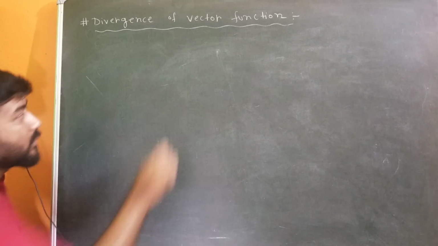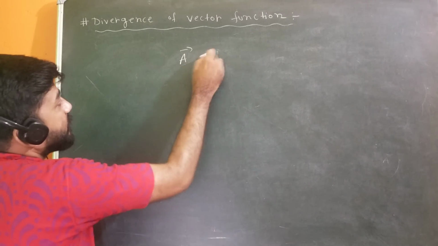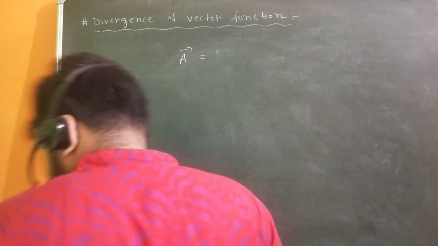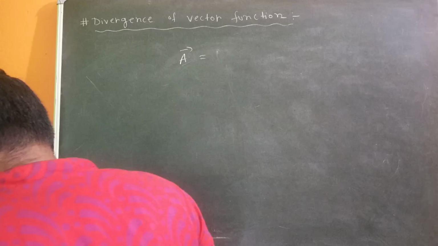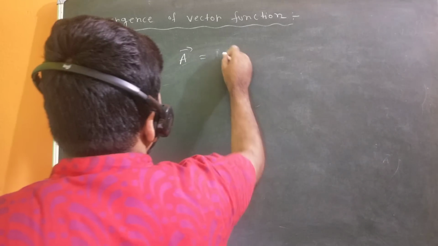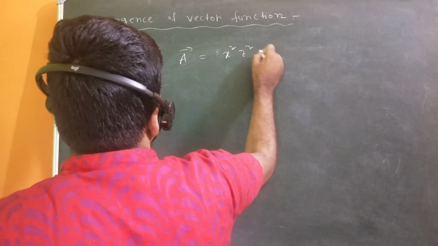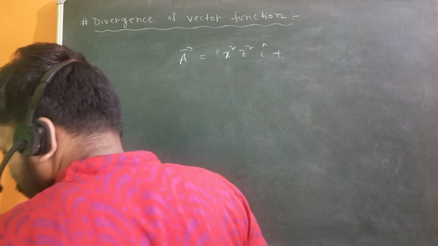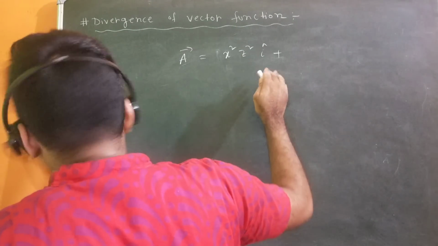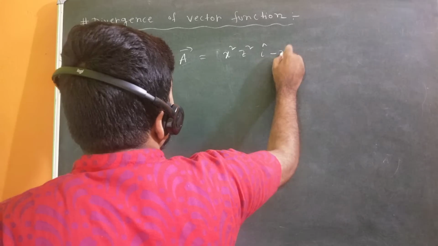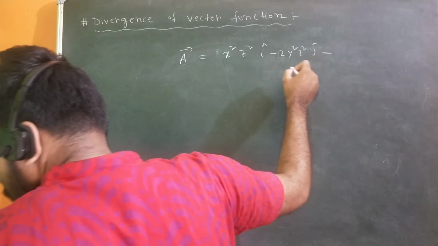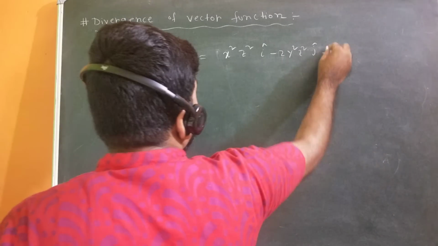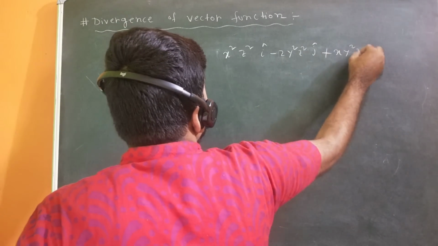So let me take a vector function, and here the vector function is x square z square i cap, minus 2y square z square j cap, and plus xy square z k cap.